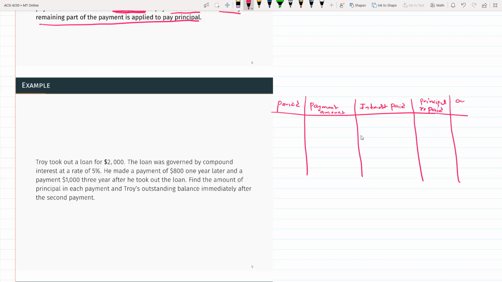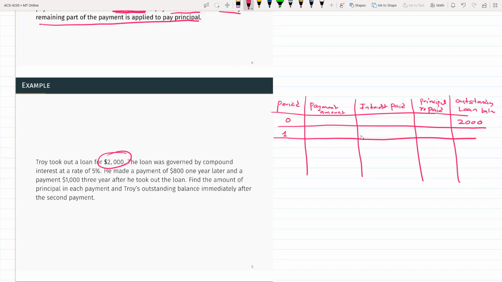And then the outstanding loan balance. So at time 0, we are borrowing money. So the borrowed money is $2,000. At the end of year 1, a payment is made.